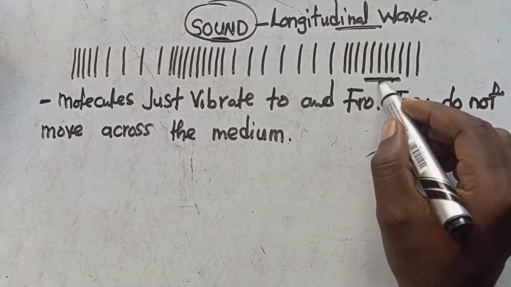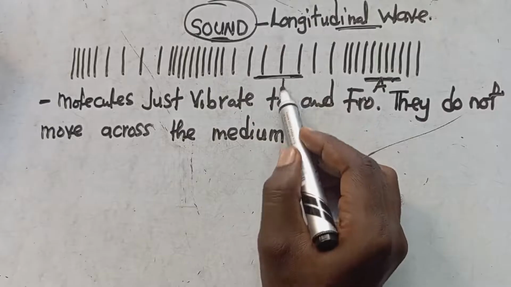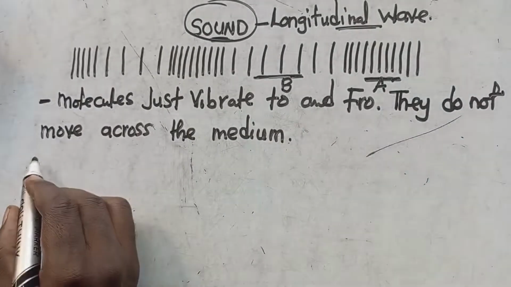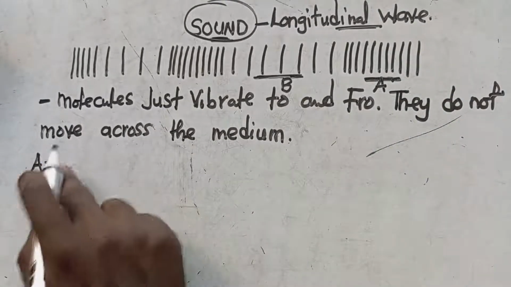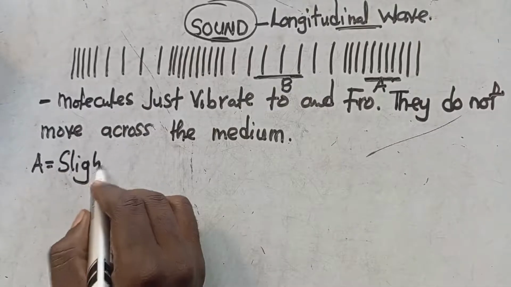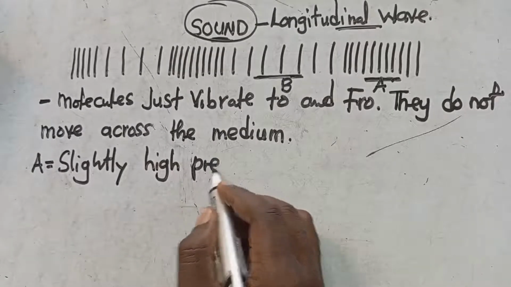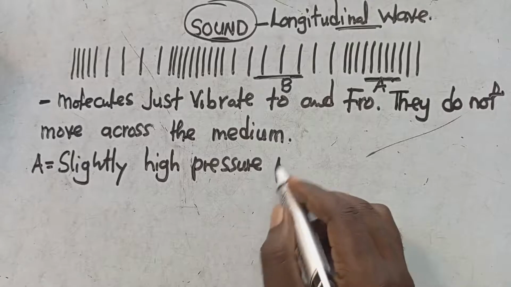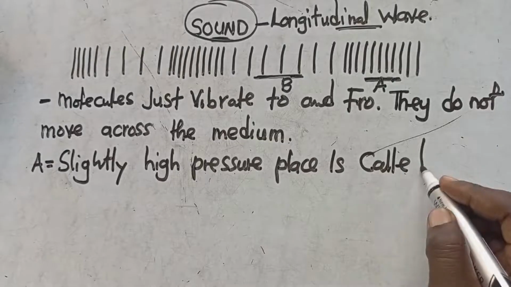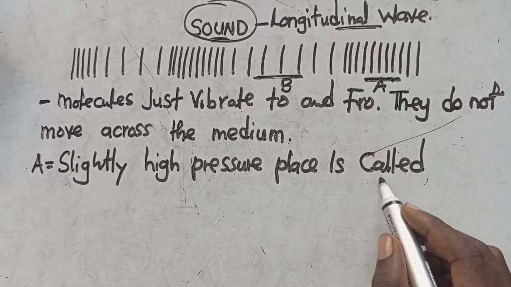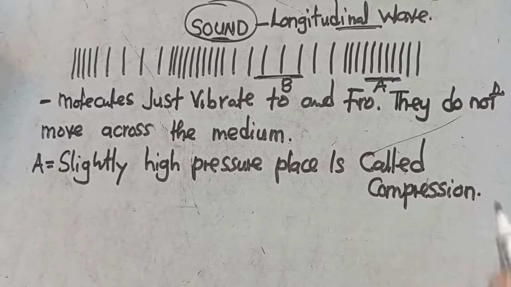I'll call this part A, and this other part B. At A, where we've got a slightly high pressure, what do we call it? This part is called compression.